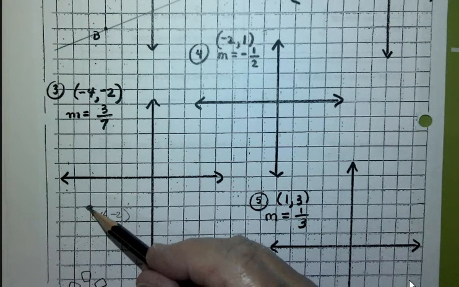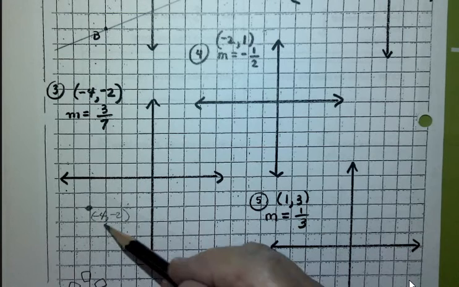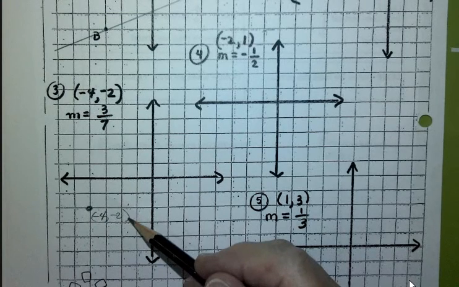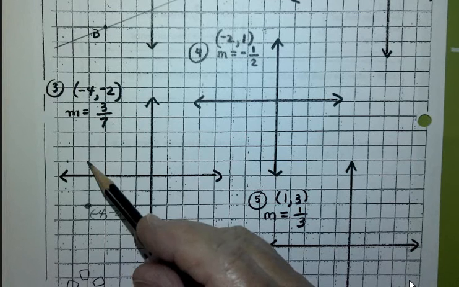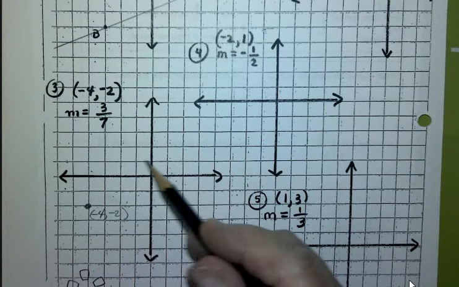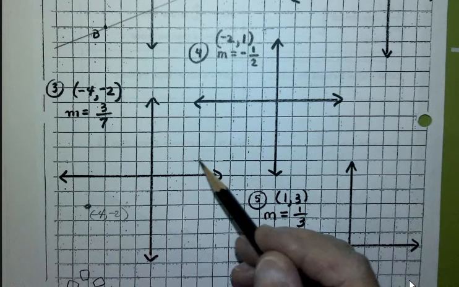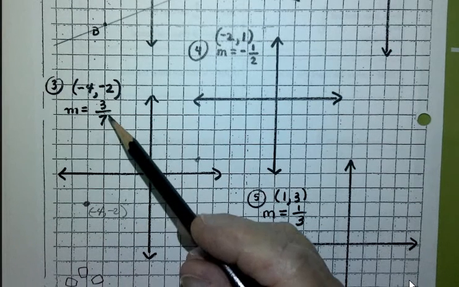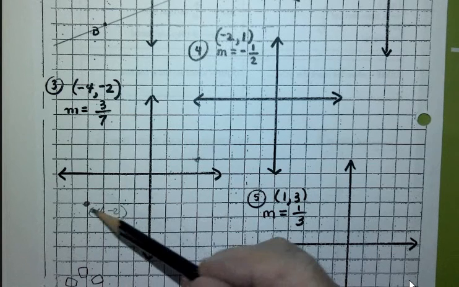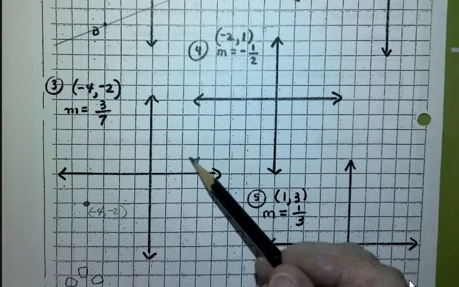So from this launch pad, -4, -2, I'm going to have a rise of 3 and a run of 7. Because that's what that ratio told me to do. Rise of 3, run of 7. So from the launch pad, I go up 3, over 7, and then I sketch the line.